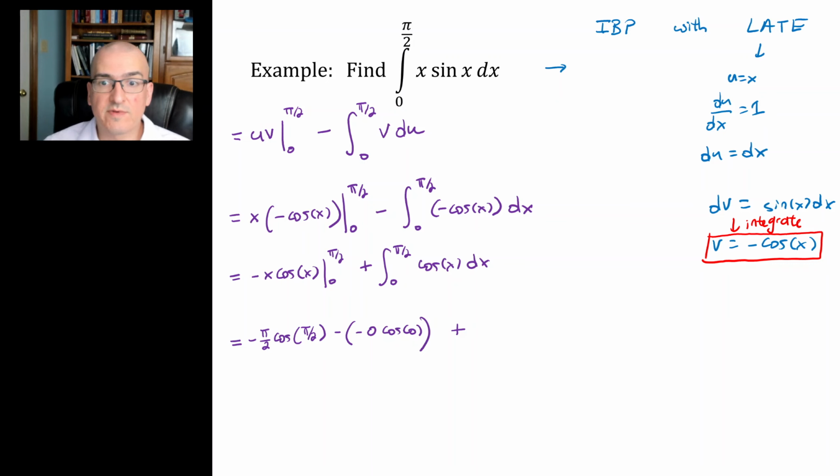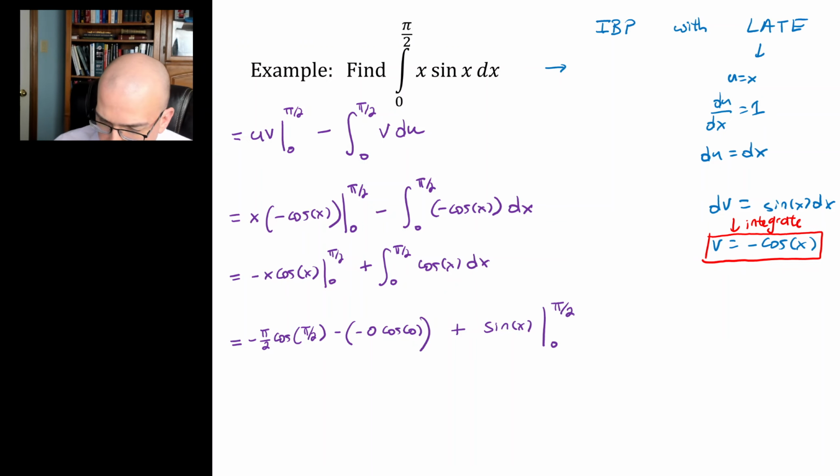The antiderivative of cosine of x is sine of x, and that's evaluated from 0 to pi over 2. So I'm going to double check something here. Sine, cosine cancels. Cosine, okay. Wasn't the answer I was expecting, but that's okay.